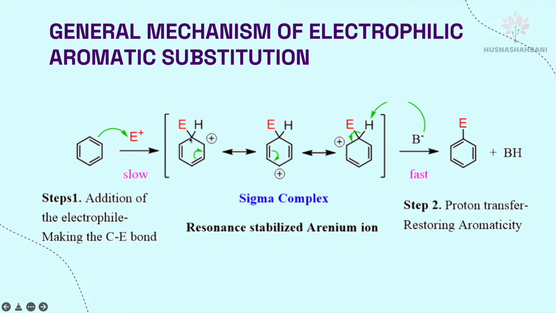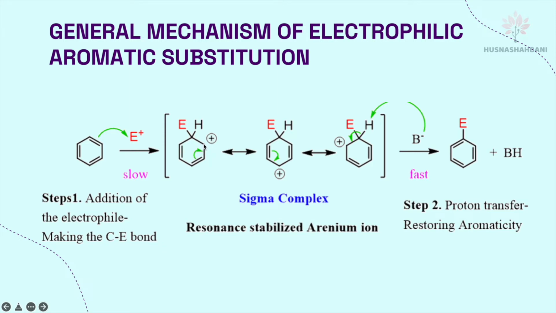So when the bond is used, one carbon is involved in bonding with the E, another carbon is not bonding with any atom, just bonded to hydrogen, and it is not octet, so it becomes arenium ion. Here this carbon is positive, overall it becomes arenium ion.